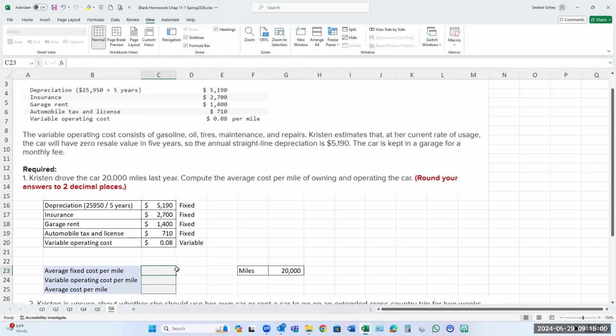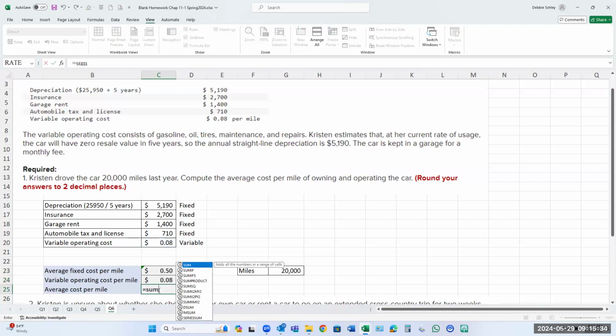To figure out the average fixed cost per mile, I would add up the first 4 costs and then divide that by the number of miles she drove. So my average fixed cost per mile is 50 cents. Obviously, if the number of miles changes, this answer is going to change. For the variable operating cost per mile, there is only one variable cost, and it's the 8 cents in mine. And I believe the book adds this up for you to get the average cost per mile. It's the fixed plus the variable.